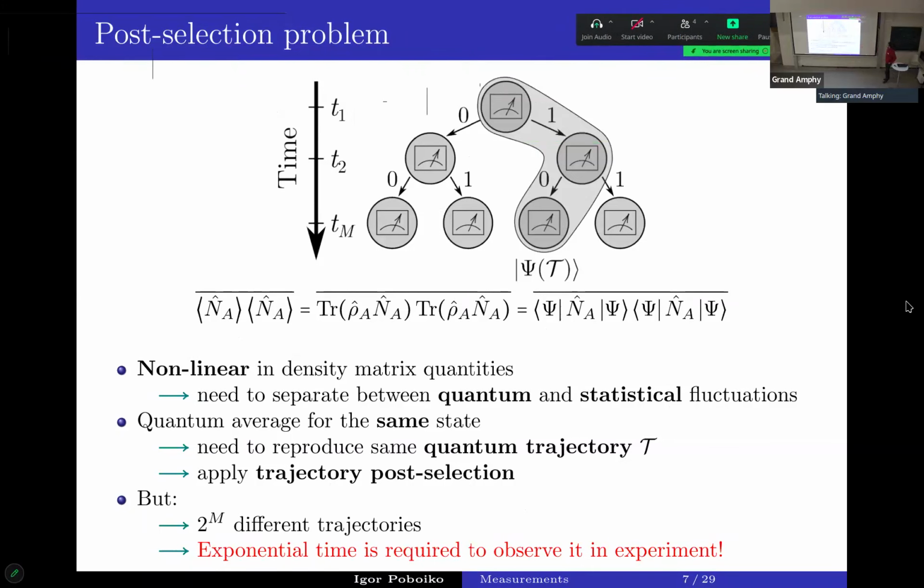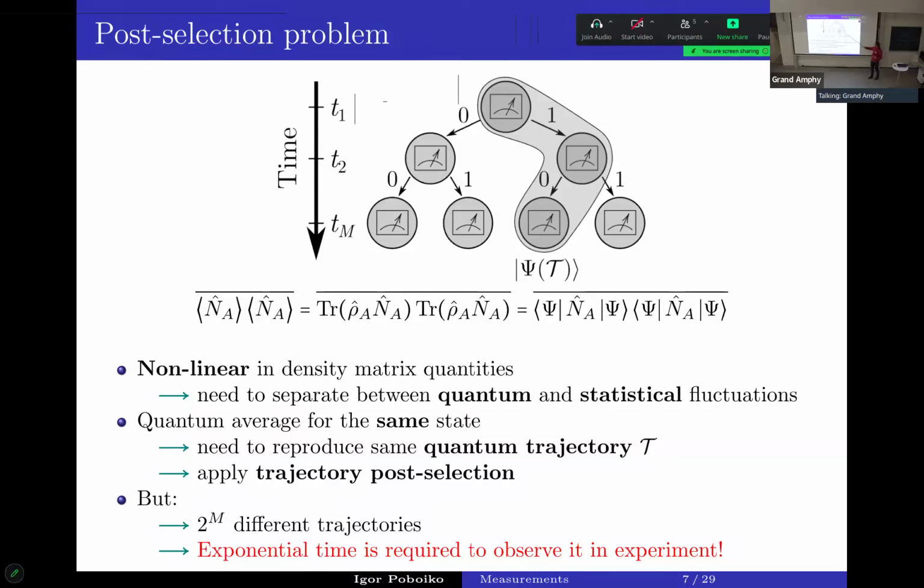What I was talking about is quantum fluctuations in a given quantum pure state, and I only get a pure state at the end of my evolution if I do a full post-selection over the whole of my trajectory. Which means that in order to study, let's say, fluctuations of charge, I need to reproduce the same trajectory multiple times. That's the only way in an experiment how I can gather the statistics, right?